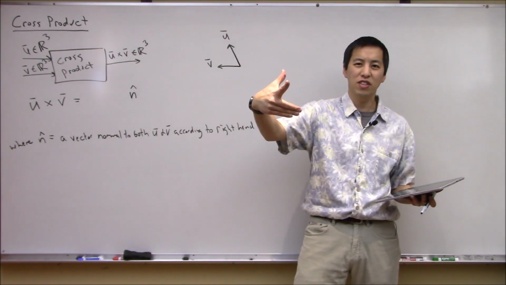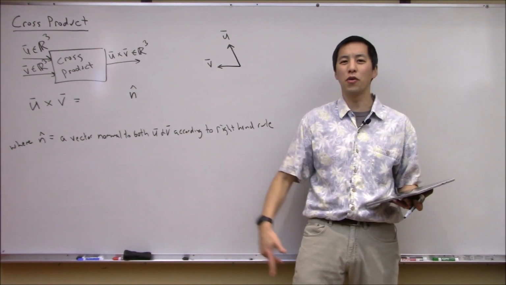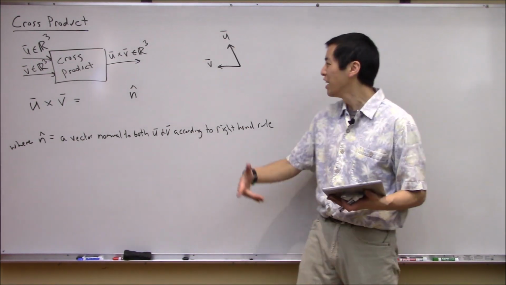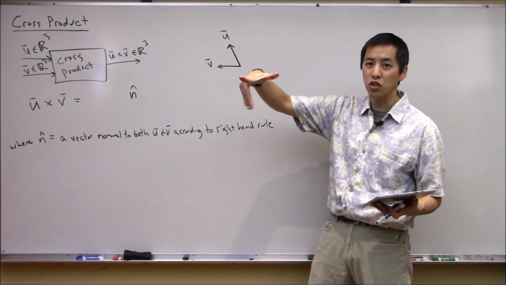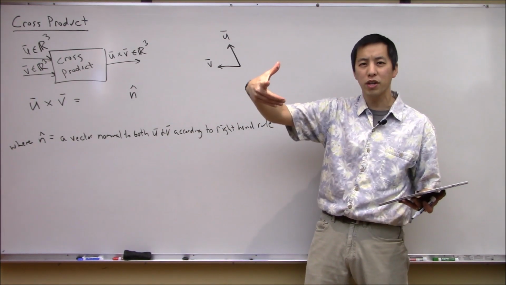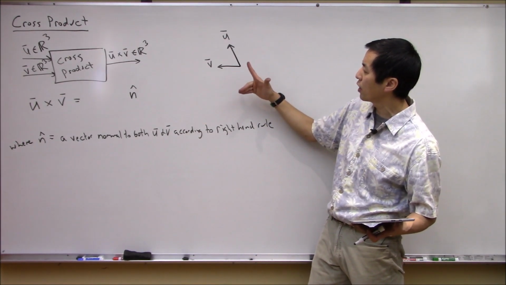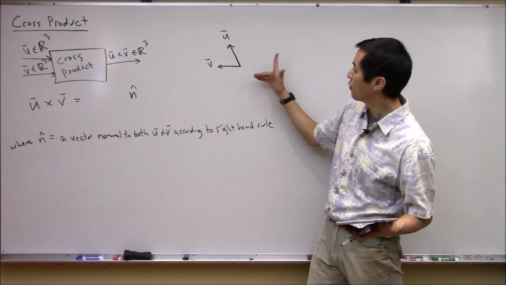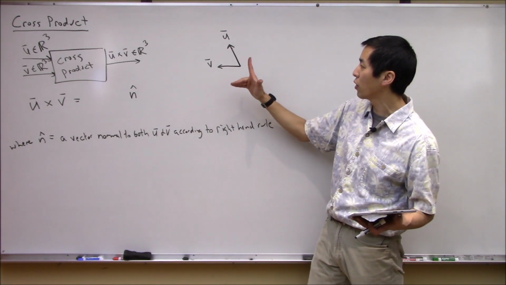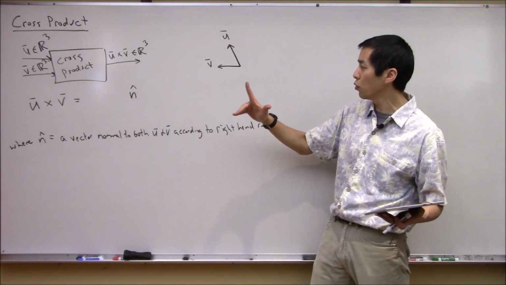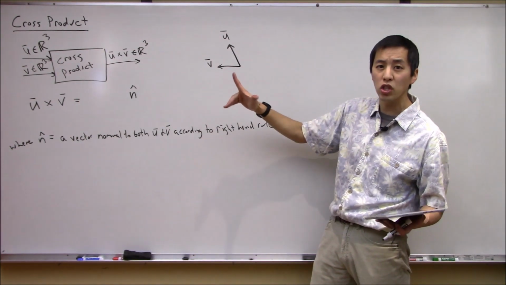If someone flashes this, you know that you're in engineering. You make this three-dimensional coordinate system with your right hand. u goes in the direction of your index finger, v goes in the direction of your middle finger, and n hat is the direction that your thumb is pointing.